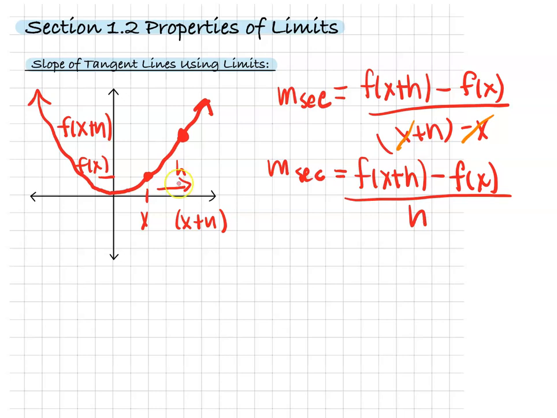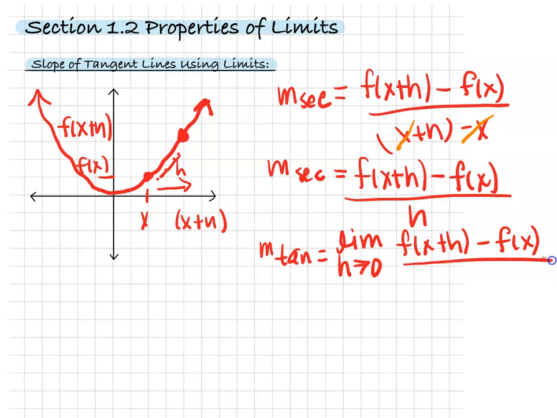If I take this h and I make it smaller and smaller and closer and closer till I get to that tangent, remember we talked about this, the slope of the tangent would be equal to the limit as h approaches 0 of f of x plus h minus f of x all over h.